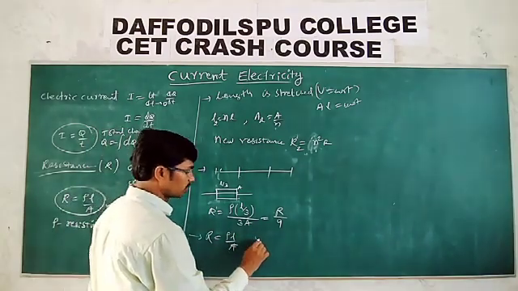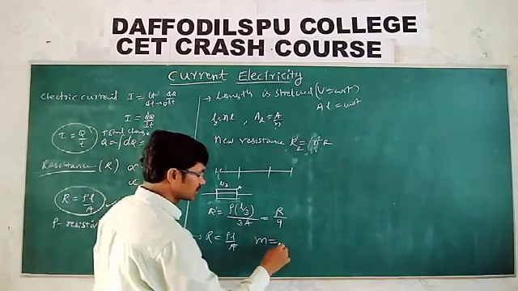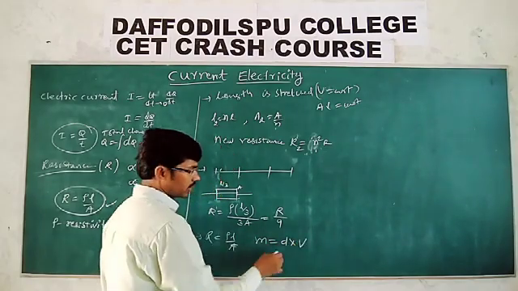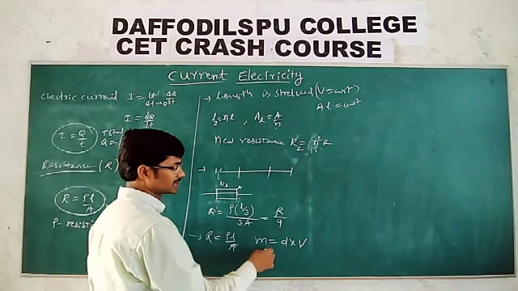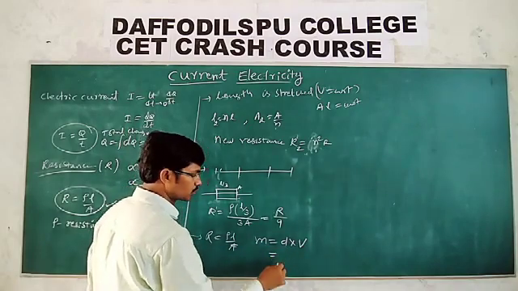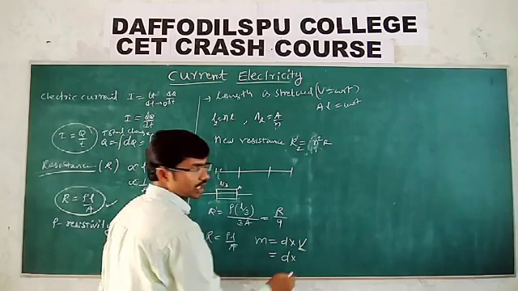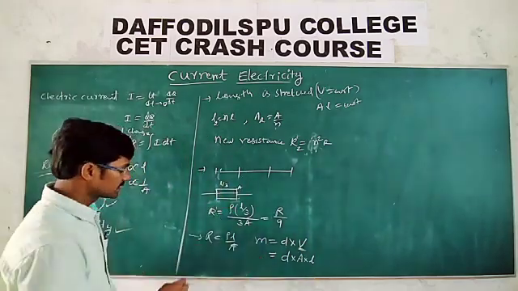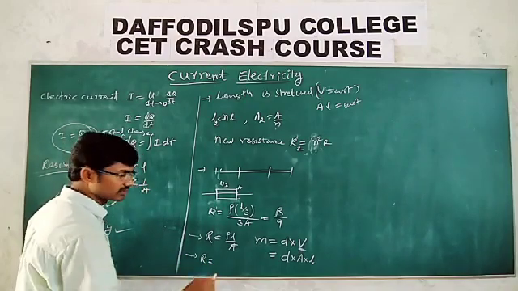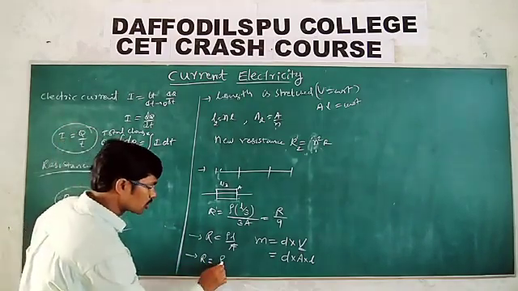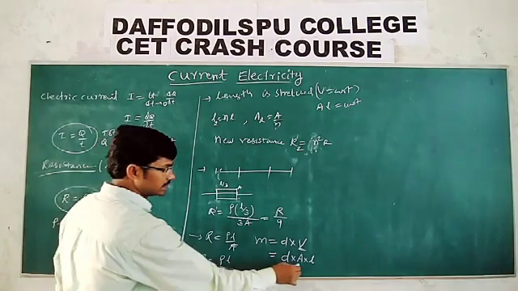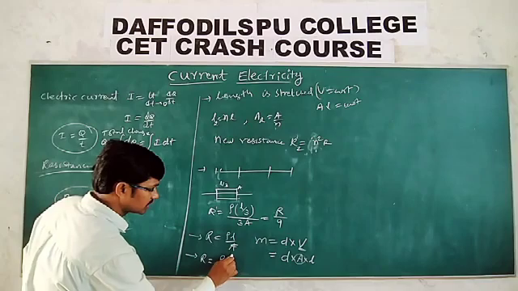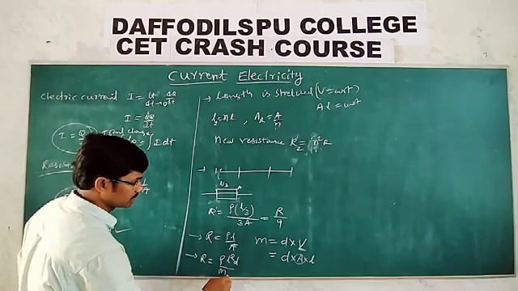But you can see R is equal to rho L by A. Remember, what do you mean by mass? Mass is nothing but density into volume. Density is mass by volume, then mass is equal to density into volume. Density into volume is nothing but density into area into length. Now the same expression can be written in terms of densities and masses also. Rho into L by, instead of area you can write m by dL, so rho L square d by m.